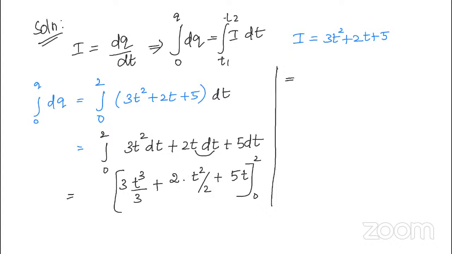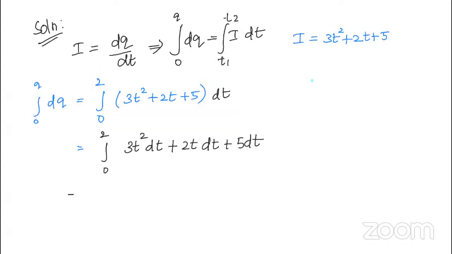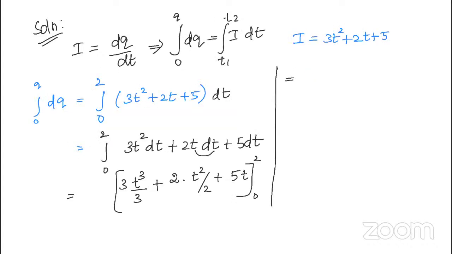So 3 into t³, that is 2³. Now we do one thing, cancel this value here. The 2s cancel, the 3s cancel. What is the remaining value?